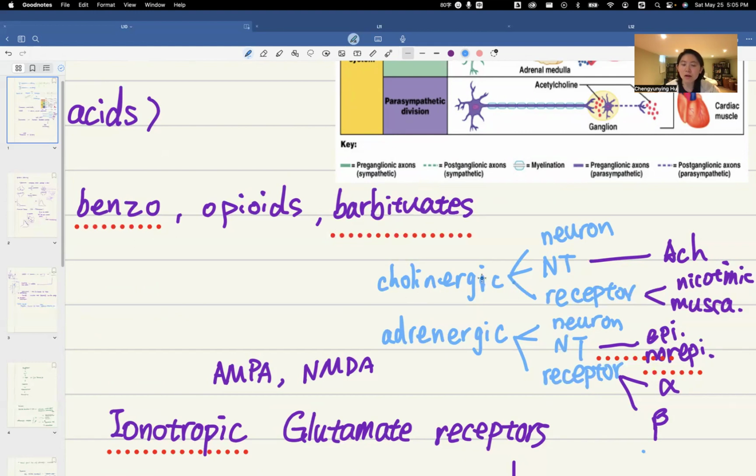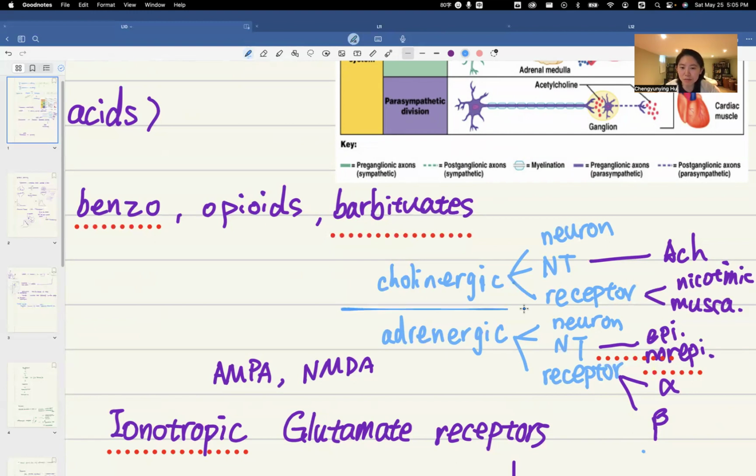If we are talking about a cholinergic neurotransmitter, we are talking about acetylcholine. And if we're talking about a cholinergic receptor, which is where acetylcholine binds to, it's either nicotinic or muscarinic. That's the first group. Acetylcholine never binds to an adrenergic receptor because they're in different groups.